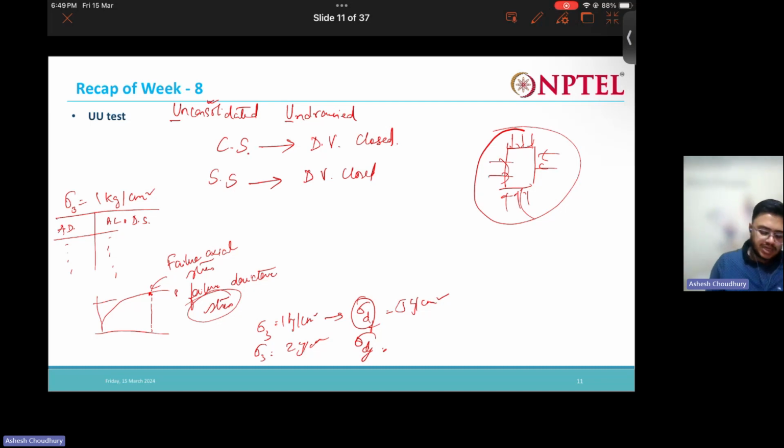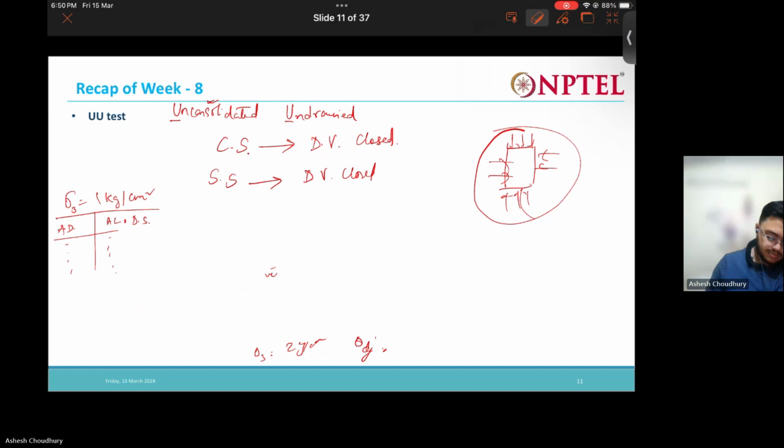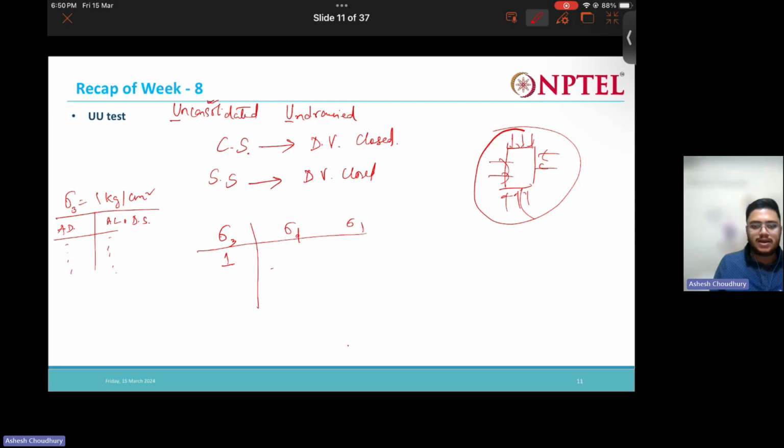So in the UU test it is seen that, I will write sigma 3, sigma d, sigma 1, like this. First you applied sigma 3 of 1 kg per centimeter square, then your sigma d will be say 2, for example, then sigma 1 is 3, right?